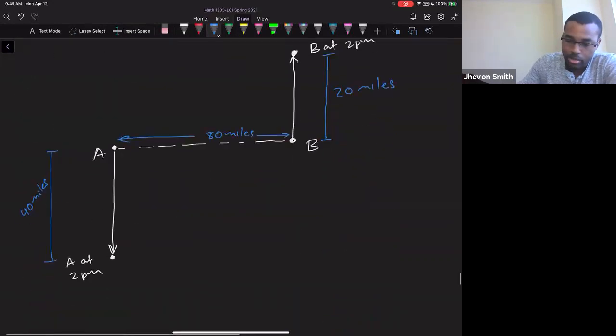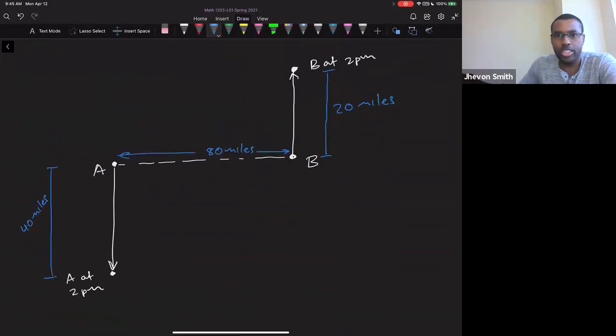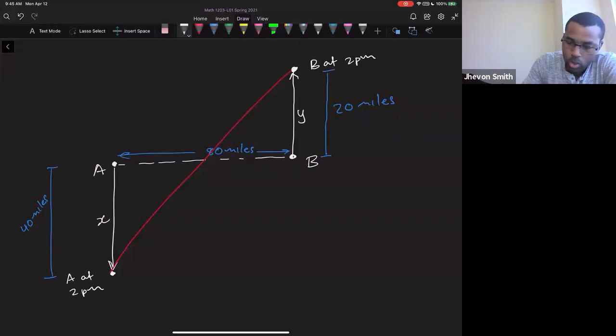Now, whenever you say the distance between things, in math, it's always the straight line distance between two things. So we want this here. So now I can just start putting in some variables. Suppose I call the length that A travels X, the length that B travels Y, and the length that I care about between them, Z.